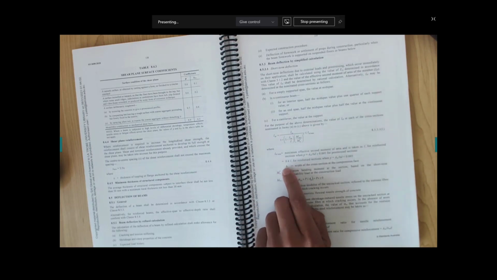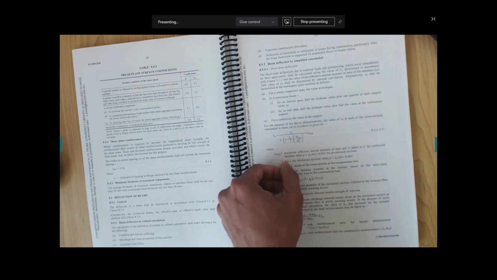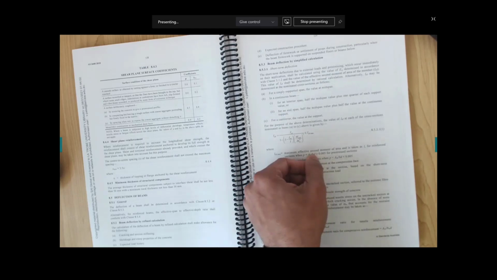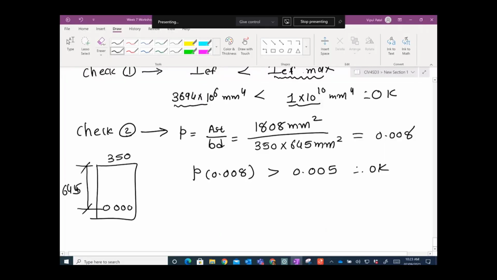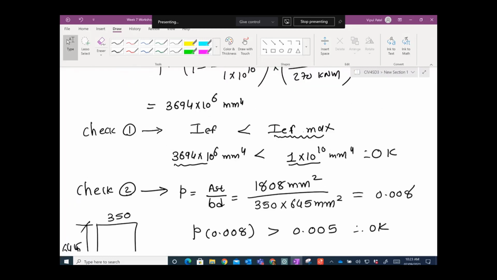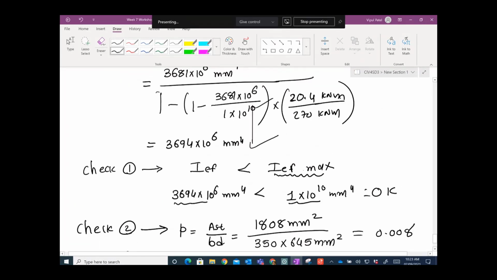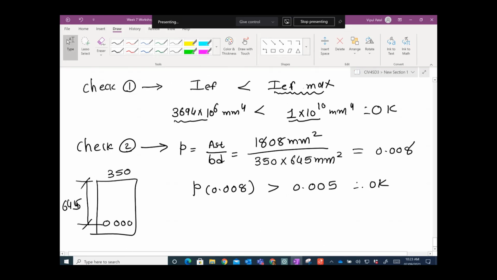Therefore, it is very important to make sure that this I is valid for these two conditions. Otherwise, in the test, if you don't do these checks, you can't say that this answer is okay, because then you would have to use 0.6 I. Please make sure that you do these two checks. If you don't, you're not validating your answers.